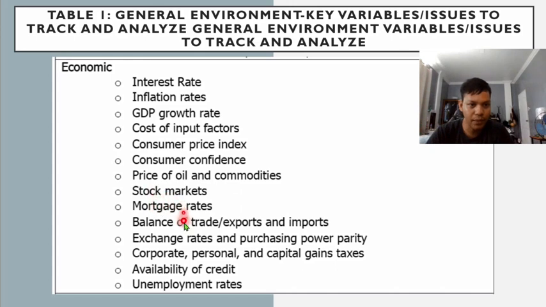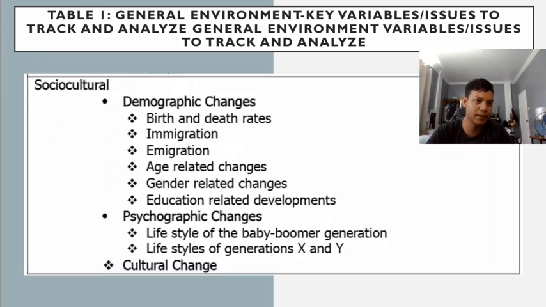Also, in the stock markets, mortgage rates, balance of trade or export and import, exchange rates and purchasing power parity, corporate, personal, and capital gains taxes, availability of credit, and employment rate. So the political environment also affects the economy of a certain location or place, or in our country.